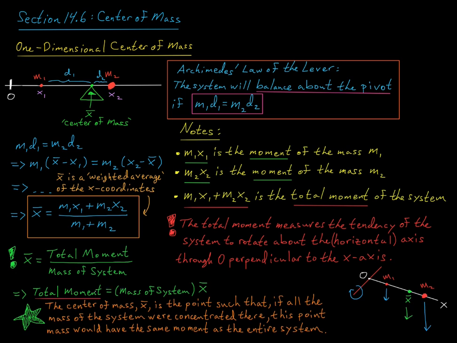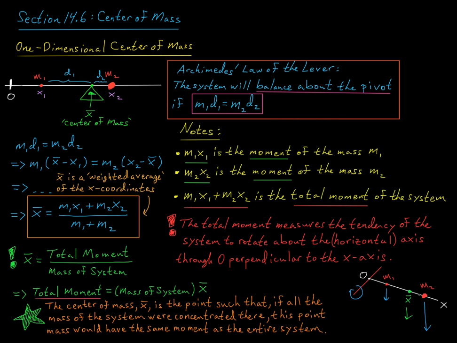The big takeaway from this equation is that the center of mass is the point such that if all the mass of the system were concentrated there, this point mass would have the same moment as the entire system. Over here I've put in this green center of mass point.